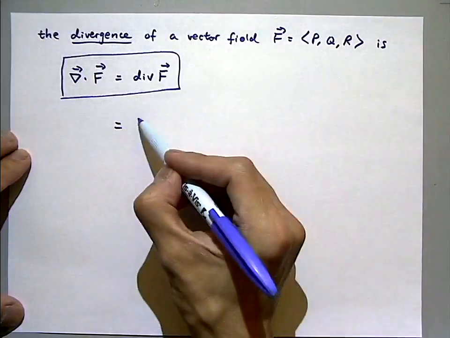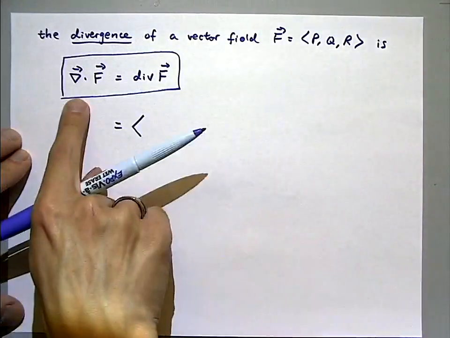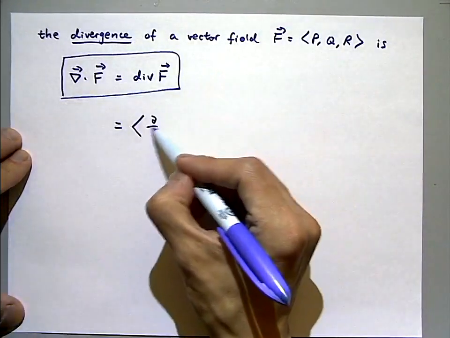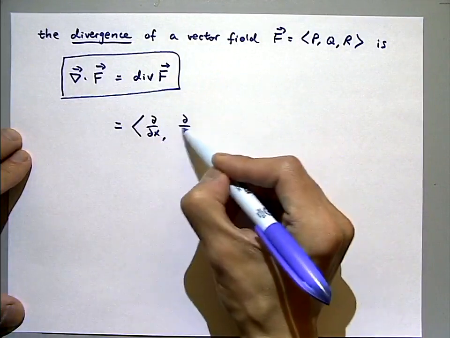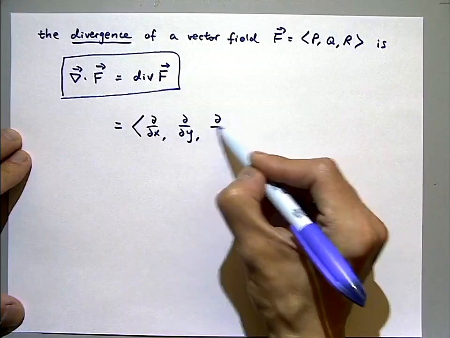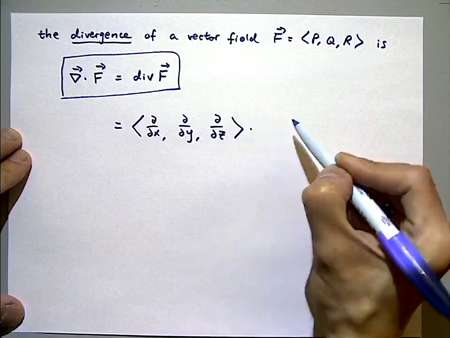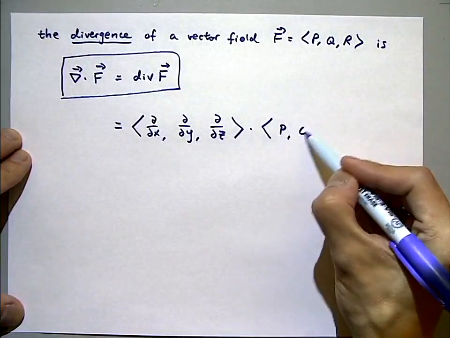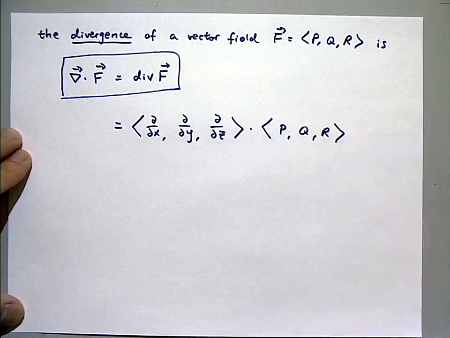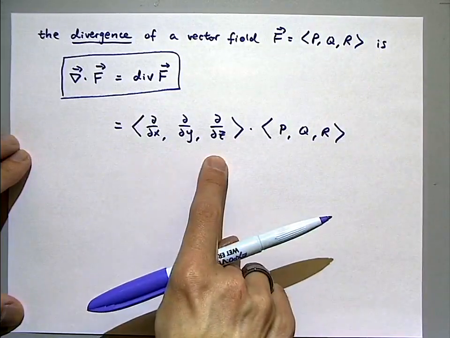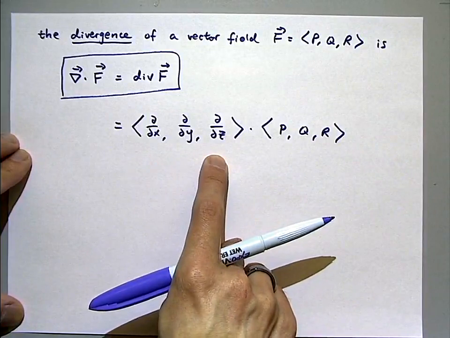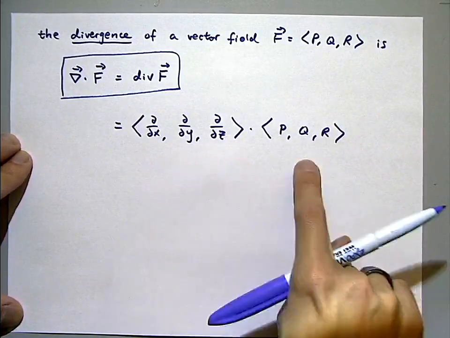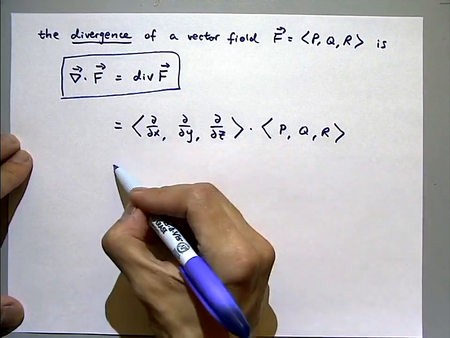If you dot these things together, del, remember, is a vector with these operations that don't mean anything by themselves, but they gain a meaning when they are applied to something. So here's my del, a vector-like quantity that doesn't mean much until it is operated upon something.